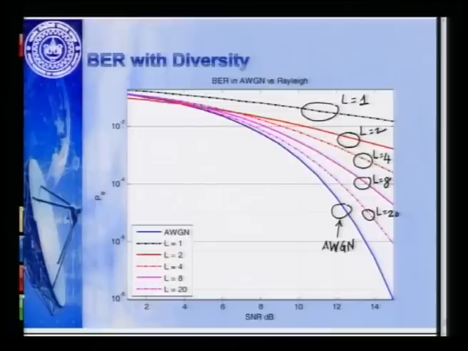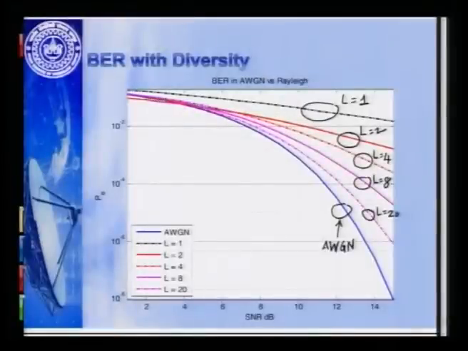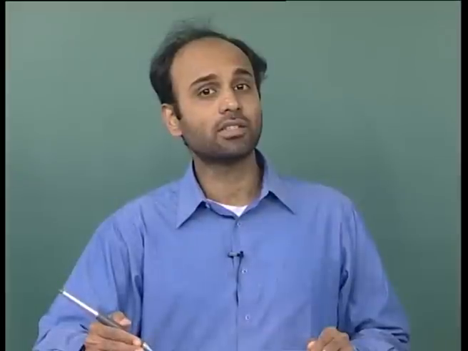So, as you can see, as the number of receive antennas keeps increasing progressively, the bit error rate keeps decreasing at a faster and faster rate. Remember, we said for a wireless communication system, the performance is much worse compared to a wireline or wired communication system. But now, what we see here is that as the number of receive antennas L keeps on increasing, the performance of the wireless communication system progressively improves towards that of a wireline communication system.